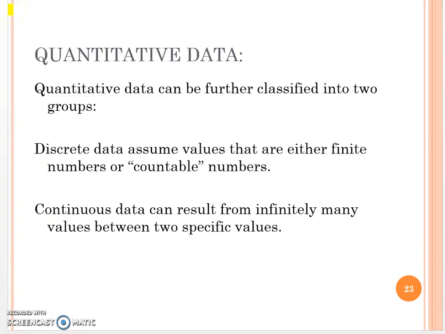Okay, next for quantitative data, which is numbers, they can further be classified into two groups. One is called discrete data, one is continuous data. Discrete data are a lot of times discrete numbers, which means they have to be finite, whole number integers.